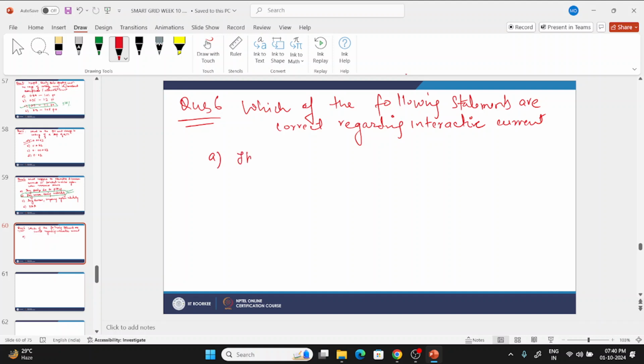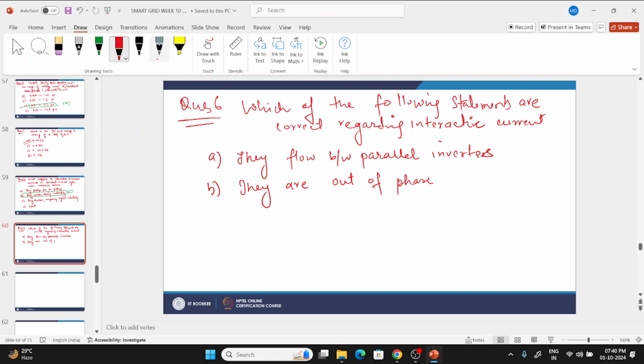First, they flow between parallel inverters. B, they are out of phase. C, they are equal in magnitude.